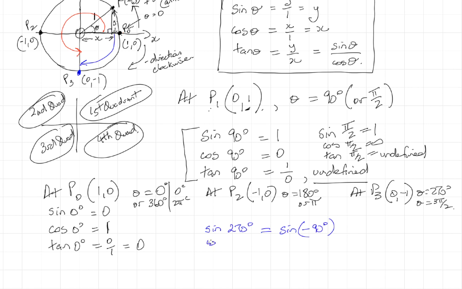Likewise for cos and tan, it'll be the same. So 270 sine, cos and tan is exactly the same as -90, and positive 180 is the same as negative 180 because you end up at point P2, and so on.